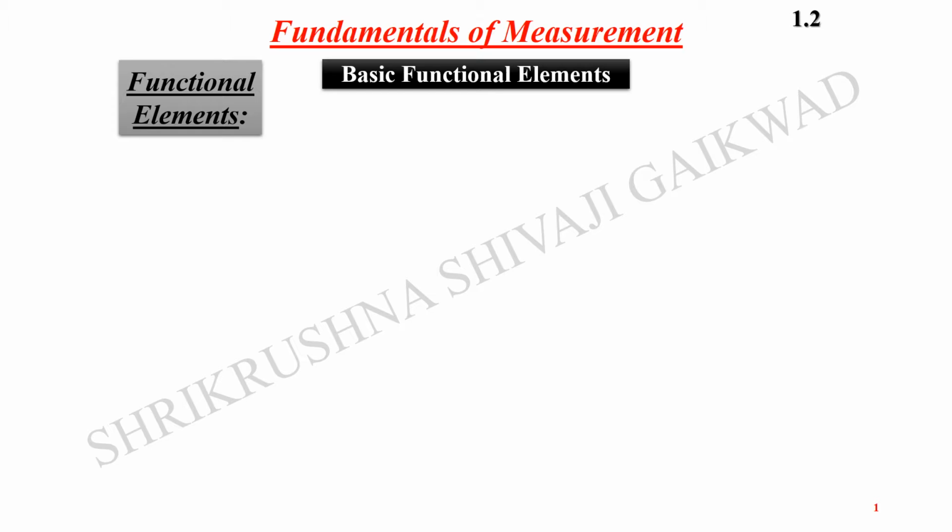Something like primary element or the transducer element. It is also called the primary and the secondary sensing element. Then the manipulation element. Then we can have the data presentation element and the signal conditioning.